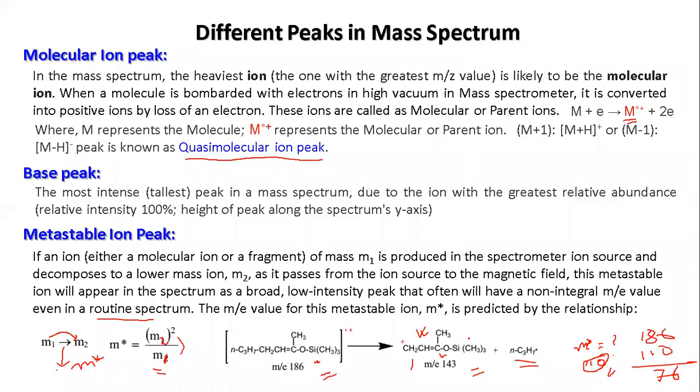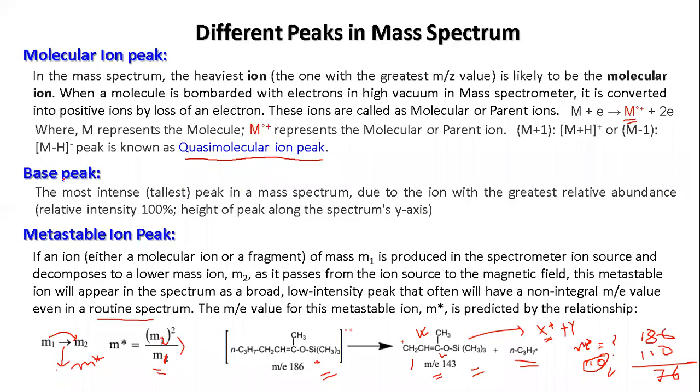Now if this one further degrades, generating another ion X plus and liberating another radical or neutral species Y, then in this case X plus is the daughter and this particular ion, 143, is the parent.